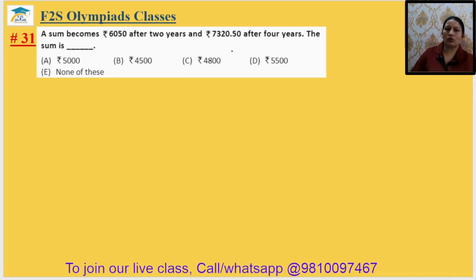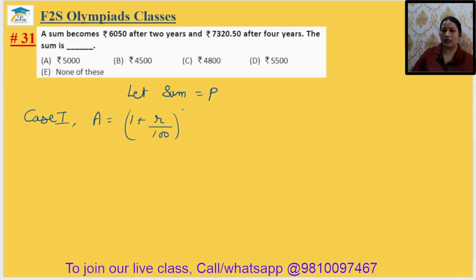So suppose let the sum be P. In case 1, I'm just writing the formula here. We know amount equal to P into 1 plus R by 100 to the power T.